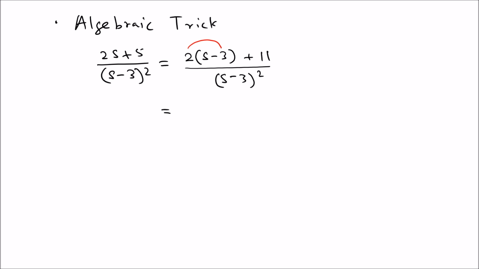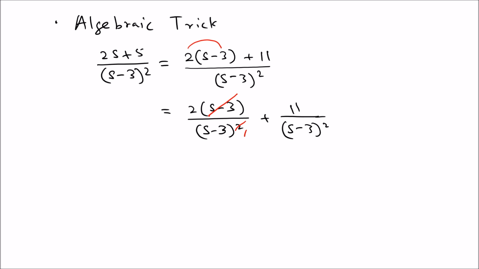Now, a common trick, we can split this into 2. So we have 2 times s minus 3 over s minus 3 squared, and from the other one, 11 over s minus 3 squared. And then you can see that one of the terms cancels, so you simply end up getting 2 over s minus 3, plus 11 over s minus 3 squared.